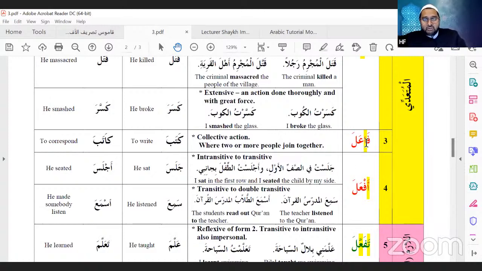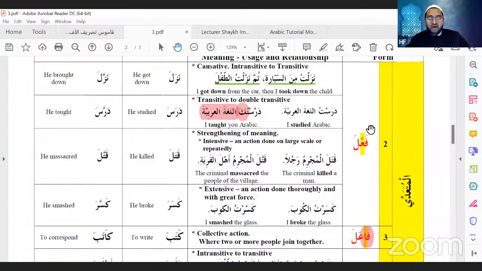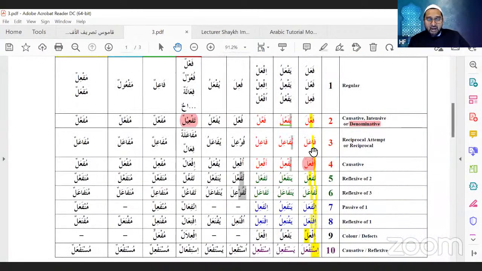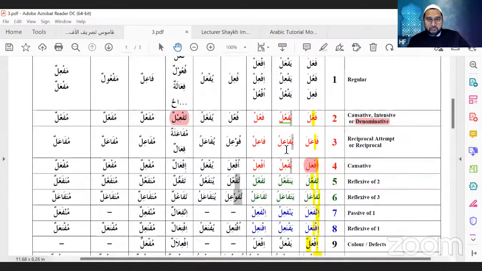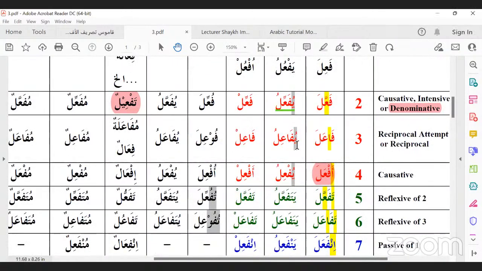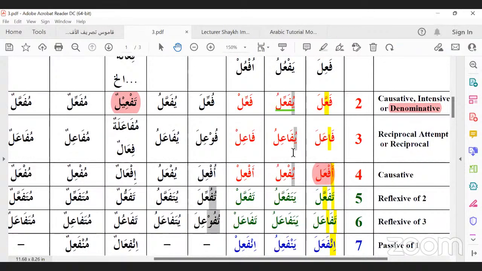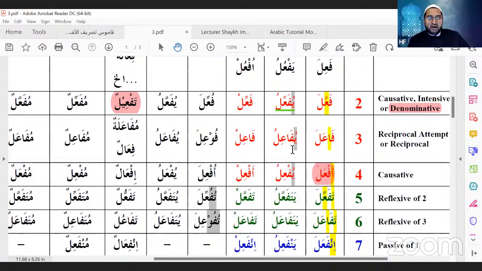Remember this point: in this pattern, fa'ala, we have added an alif. The past tense is fa'ala and the present tense is yufa'ilu. And as you can see, the fa is mutaharrik.